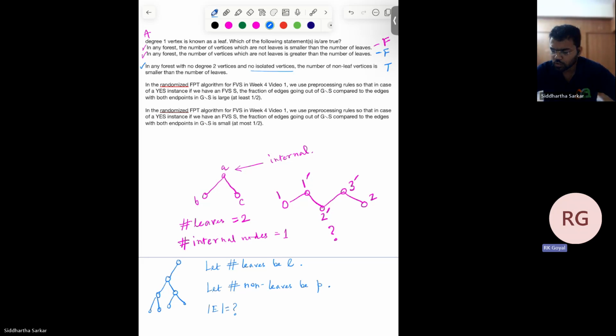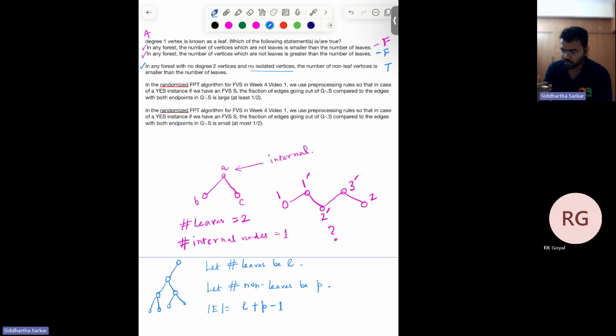Number of edges is equal to n minus 1, number of vertices minus 1. So L plus P minus 1 is equal to the number of the edges. Yes, you are right, because this is a tree. In a tree, the number of edges is one less than the total number of vertices. But a forest could be a union of multiple trees.